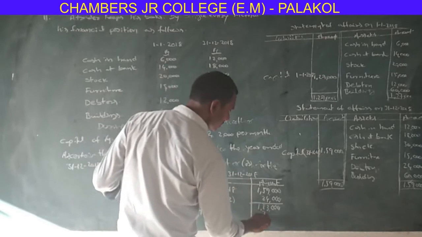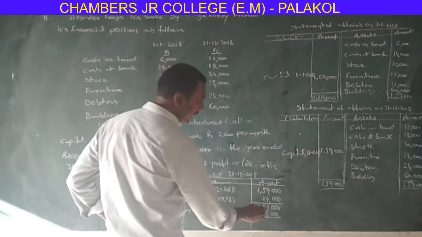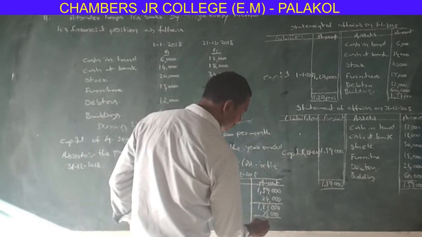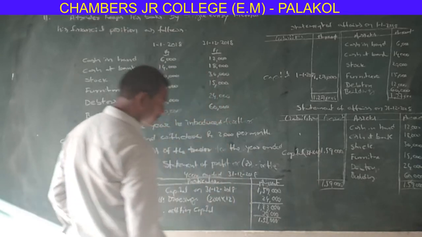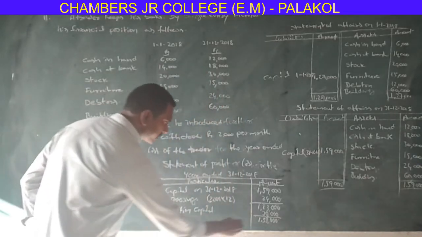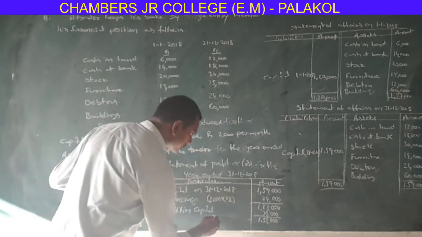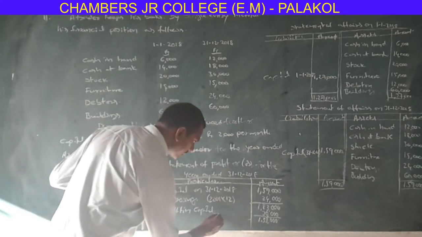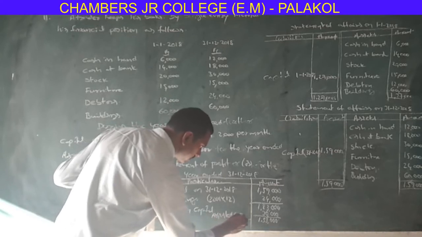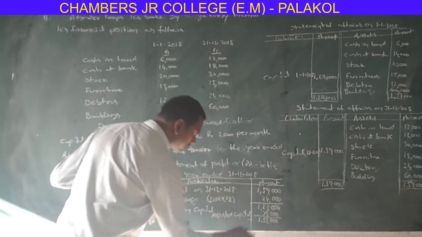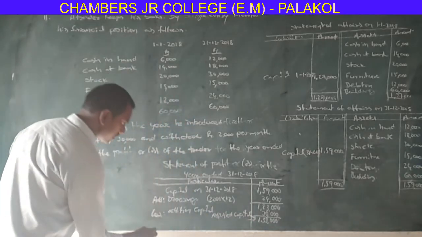Take 30,000 here. 1,83,000 minus 30,000 is 1,53,000. This 1,53,000 amount is called adjusted capital.